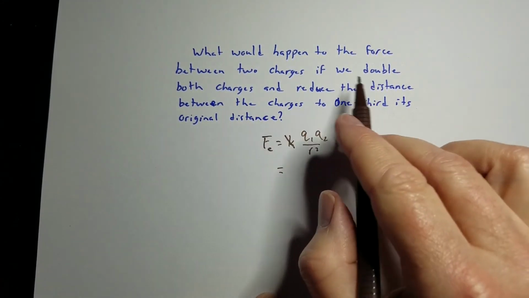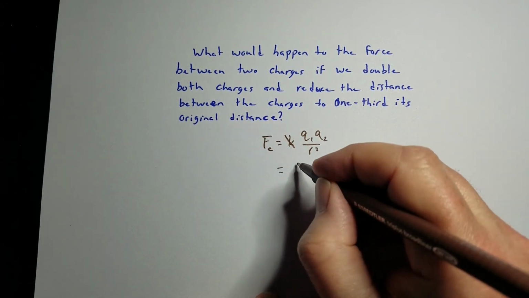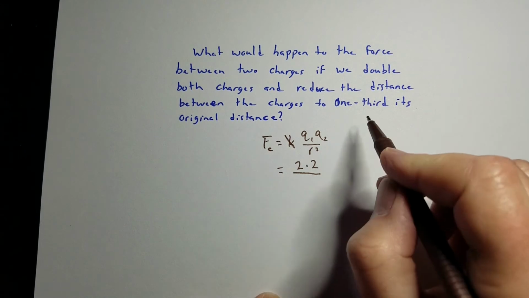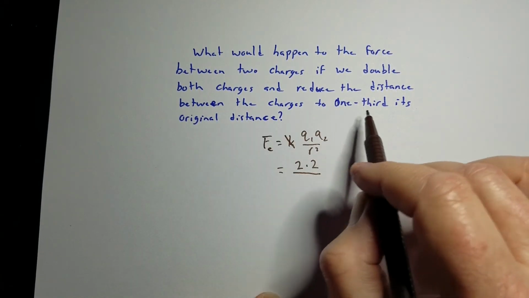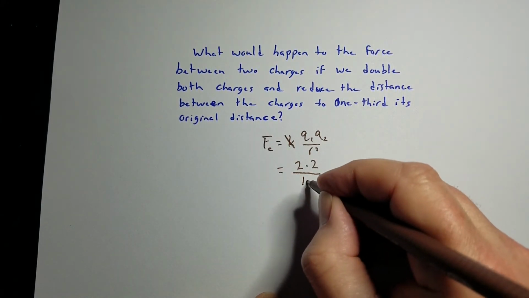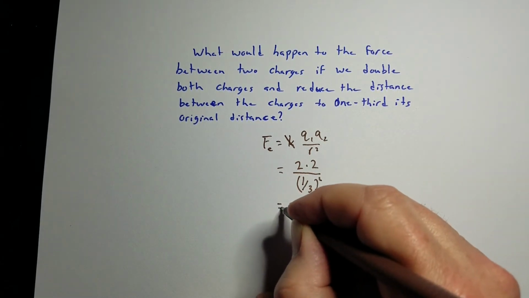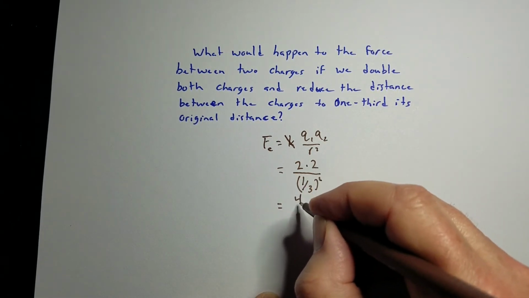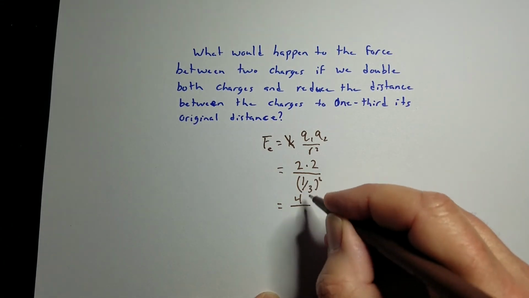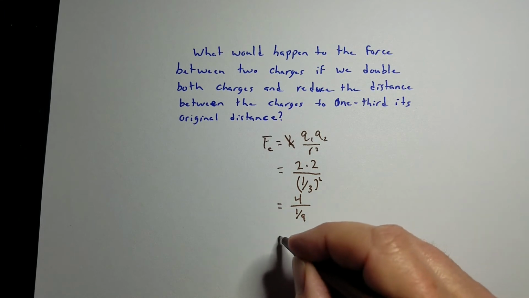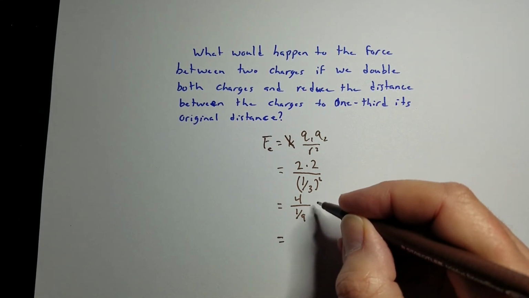Okay, we double both charges, so they go from 1 to 2, and 1/3 its original distance. So we bring them closer together, but that's squared. So the top, 2 times 2 is 4. The bottom, 1/3 squared is 1/9. But that's a fraction on the bottom, so we end up flipping it up.